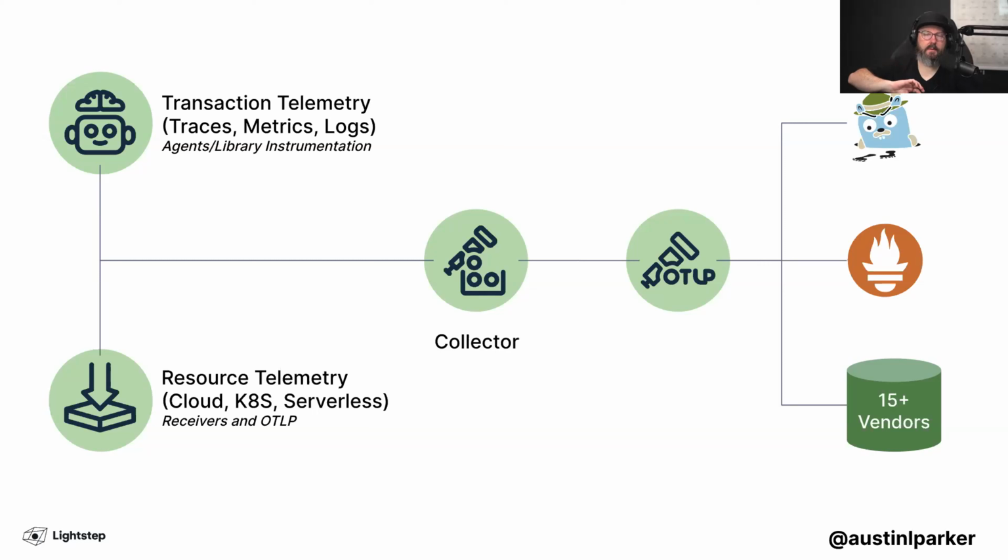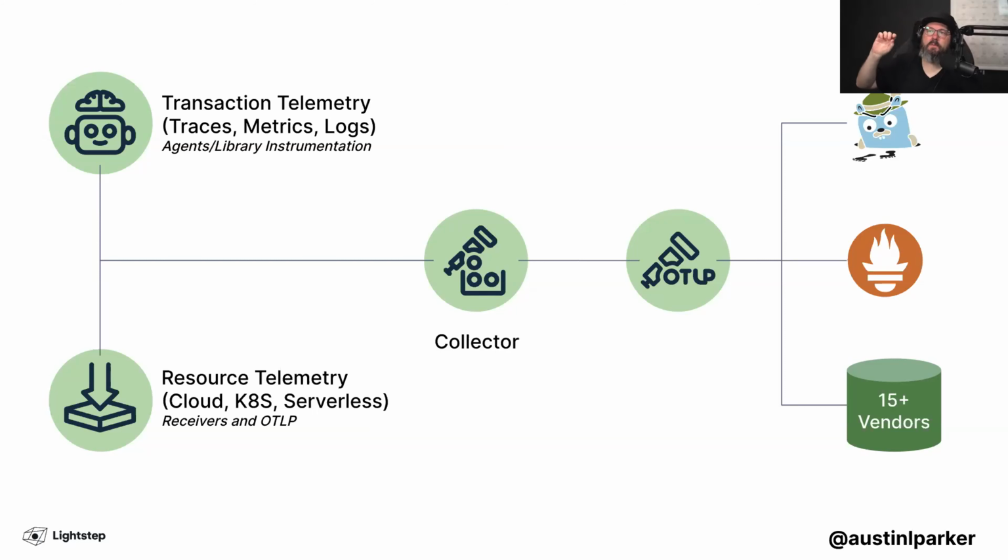The other type is the resource telemetry. Resource telemetry is things from the cloud, right? It's Kubernetes logs, Kubernetes metrics, stuff from CloudWatch, whatever, serverless logs. Those generally come in through special receivers that know how to translate that existing data into OpenTelemetry format.